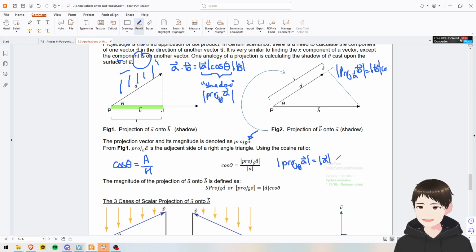That would be magnitude of A cosine theta. There it is. That's all. It's literally looking for the adjacent side, and that's equal to the hypotenuse multiplied by cosine theta.